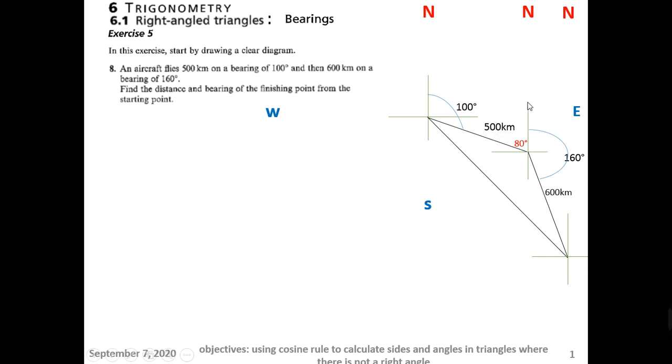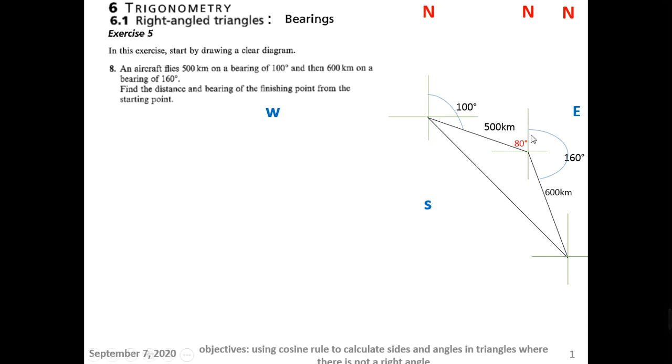So as you can see, north and north, they're parallel. And the 500 crosses both parallel lines. And as you can see here, I have this U shape, and the 180, we call them co-interior angles. And co-interior angles are not equal. They add up to 180 degrees.